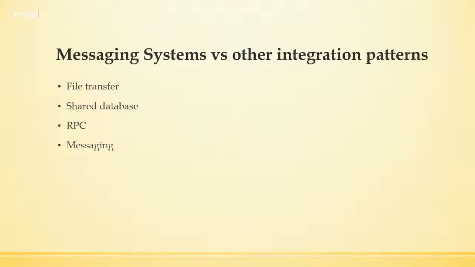So messaging forms part of the typical application integration patterns. I don't know if you went through it directly in the reading last time, but there's a whole lot of different ways that you can do application integration. Usually we tend to default towards a shared database, except if we work in banks, and then we do file transfer because that's cool.